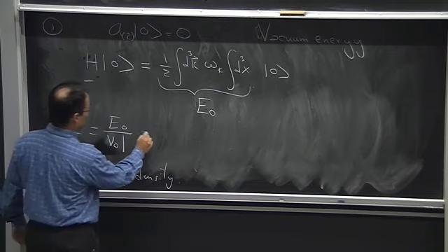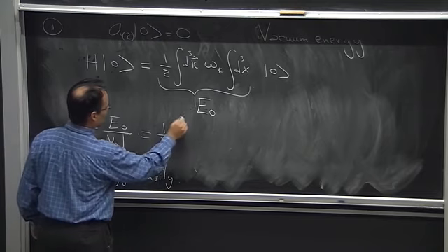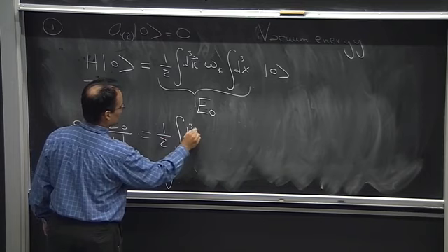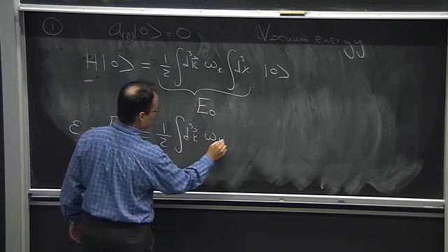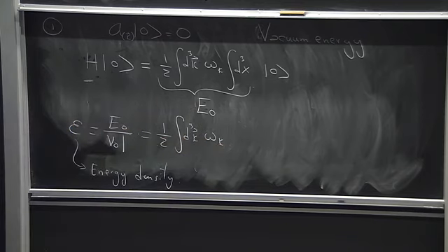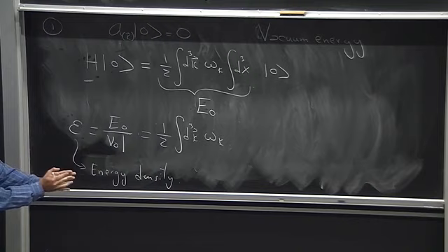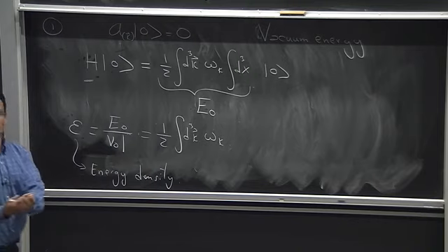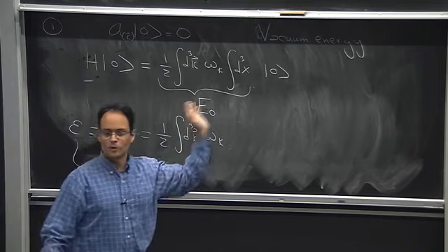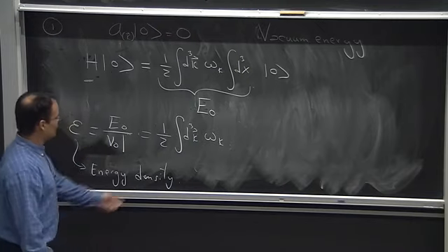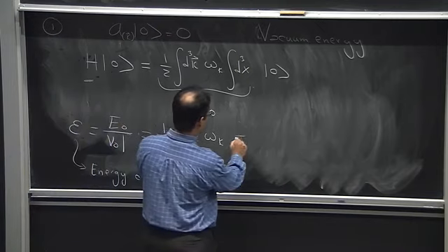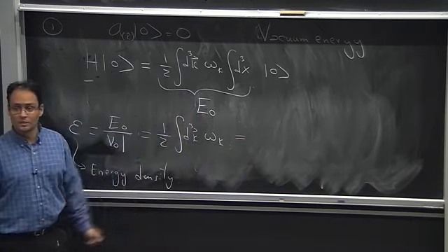And what is the energy density in this case? Well, it's just 1/2 integral d3k omega k. So this is great. We just got rid of that infinity by defining the energy per unit volume. So that's a more physical quantity to worry about, because if the space is compact, then we don't have to think anymore. Okay? However, life is not as simple, because we still have to do this integral.